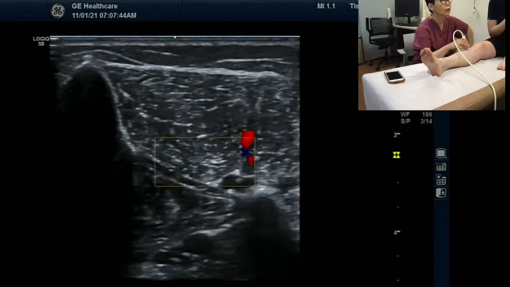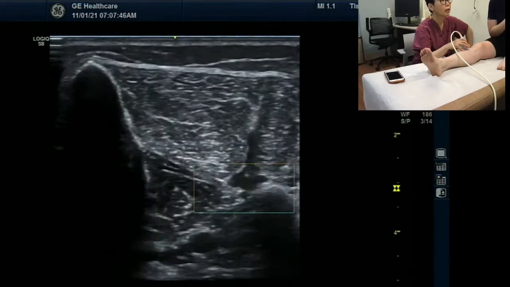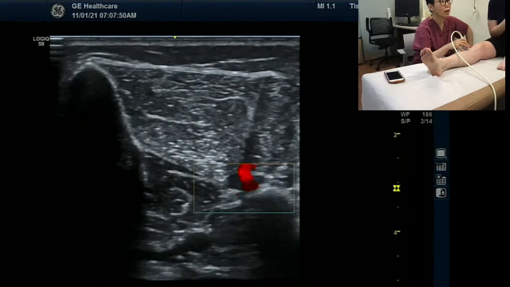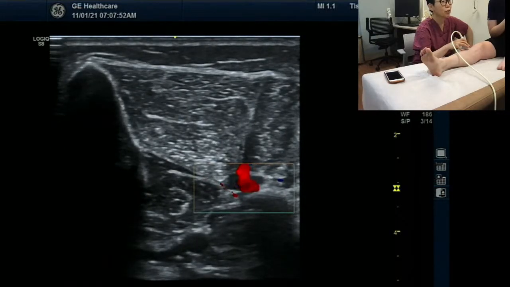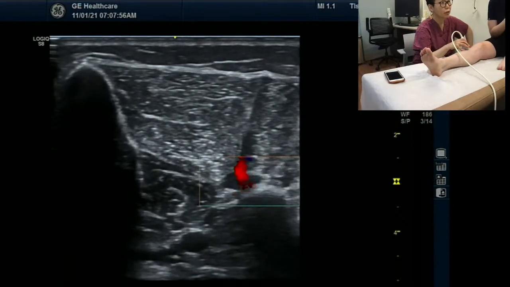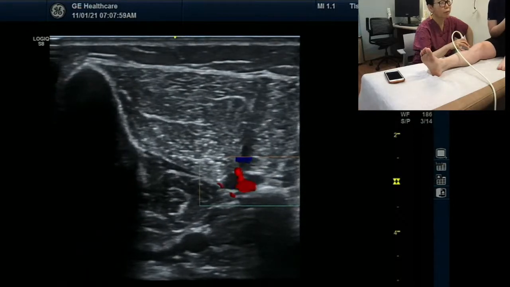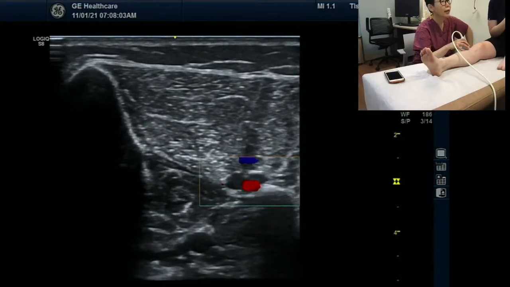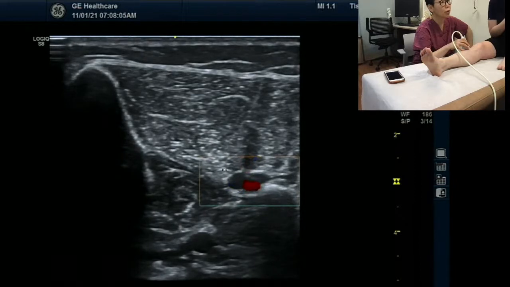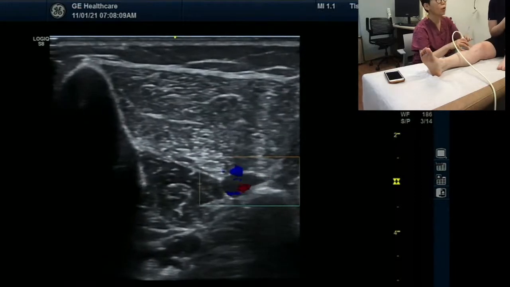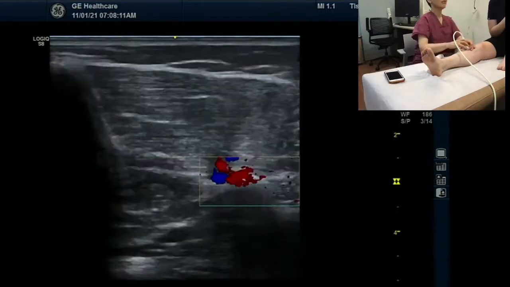See, there's the anterior tibial artery, and next to the whitish part is going to be the deep peroneal nerve. The deep peroneal nerve comes from the common peroneal nerve, right? And the common peroneal nerve comes through between the tibia and the fibula, that hole. So we identified that one.